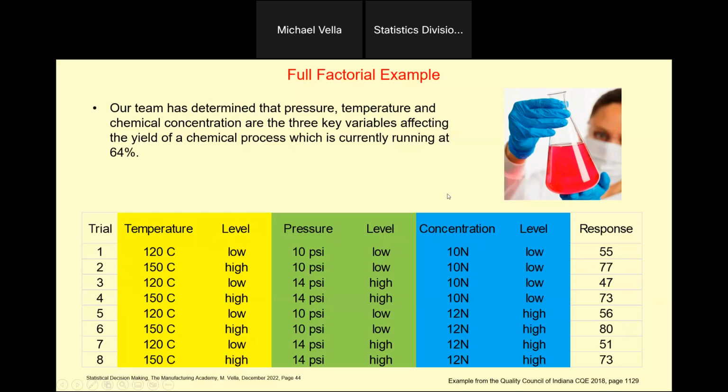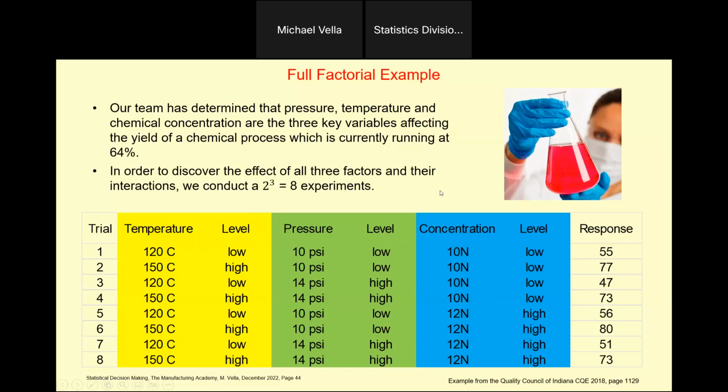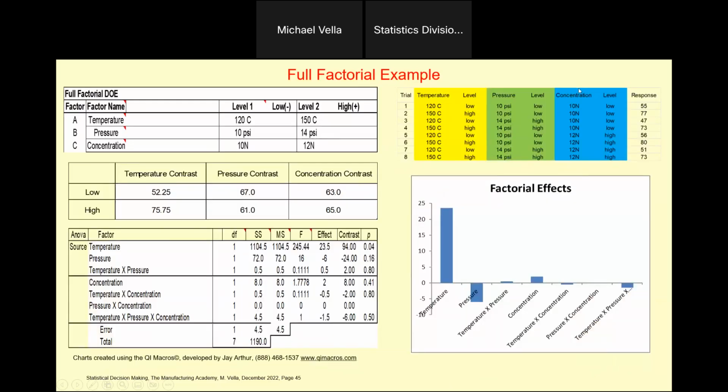When we get to fractional factorial, the matrices are quite different. So here's the results, again, using QI macros and our factors as we reflected them in the previous slide. And here's a table of contrast.